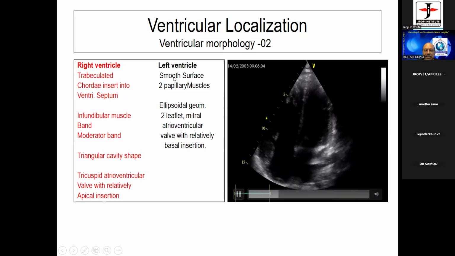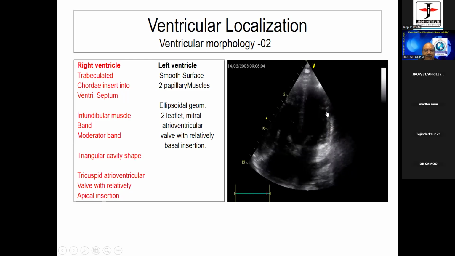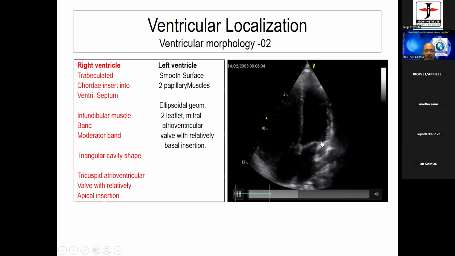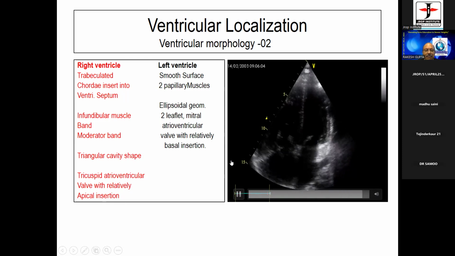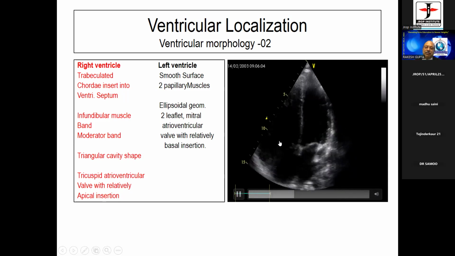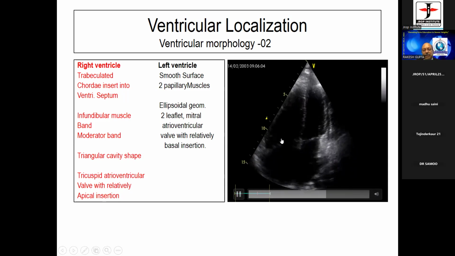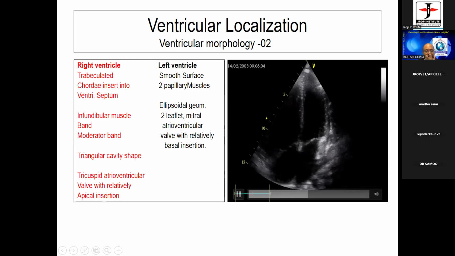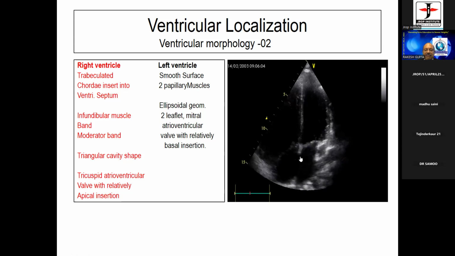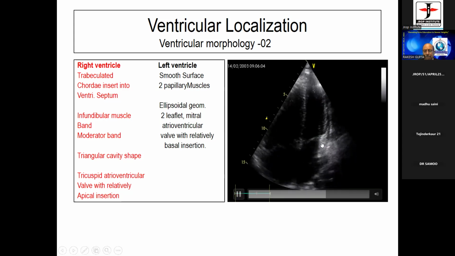The LV is smooth surfaced, with two papillary muscles, elliptoid or bullet-shaped geometry, and two leaflets, AML and PML. The tricuspid valve has three leaflets, septal, anterior and posterior. We can only see the septal and anterior or posterior leaflet in two chamber views. And the mitral valve is basally placed.